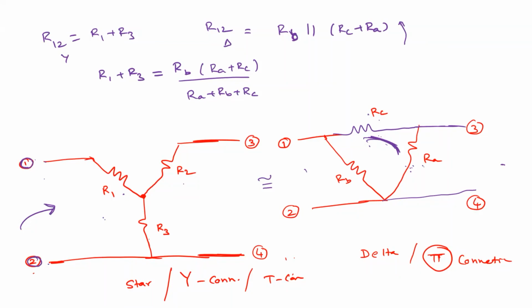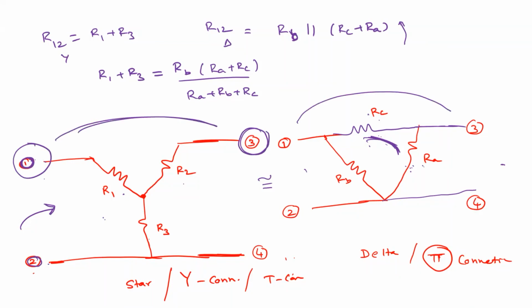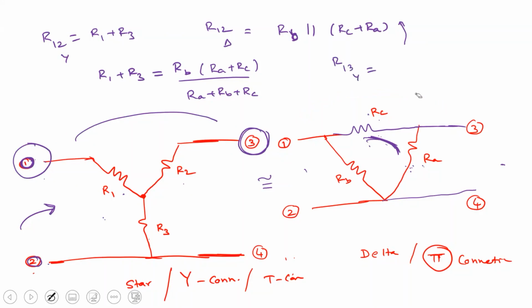Right. Similarly, now consider this one, these two. Now consider these two and these two. So now tell me, what is R? Now it is 1, 3, right? R13 in star. What is R13 in star? R1 plus R2 is equal to RC.